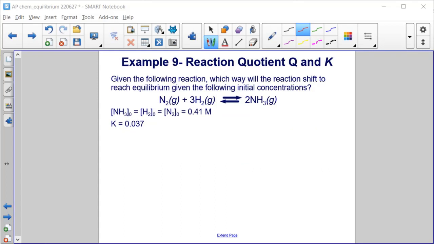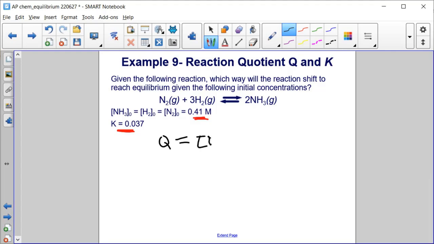Given the following reaction, which way will the reaction shift to reach equilibrium given the following initial concentrations? So we have this reaction of N2 gas plus 3H2 gas produces 2NH3 gas. We're given 3 initial concentrations, and we're given the equilibrium constant K. So our reaction quotient, Q, is written just as we would write the equilibrium constant expression.